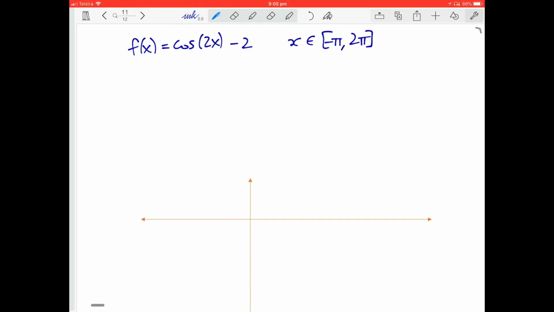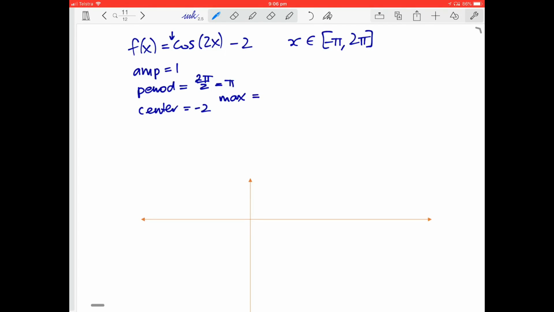Okay, so my amplitude is 1 because there's nothing out the front. My period is 2 pi on 2, which is pi. My center is at -2.